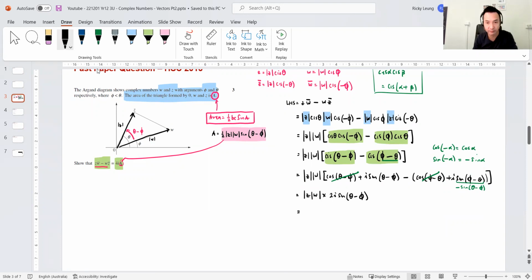So if I go equals, take the 2i out, this guy, sine theta minus that. And if I take out a half, sorry, no, I'll take out 4i, right? Factorize 4i out. Then there'll be a half this, that.